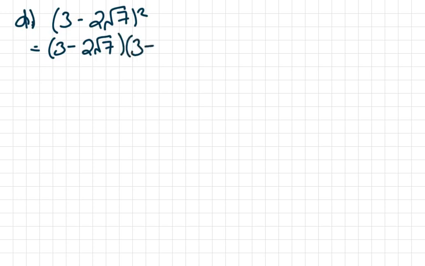I have 3 minus 2 root 7 squared. So as soon as I see that squared, I'm going to expand. So now I'm going to multiply each term in the first bracket by each term in the second bracket.